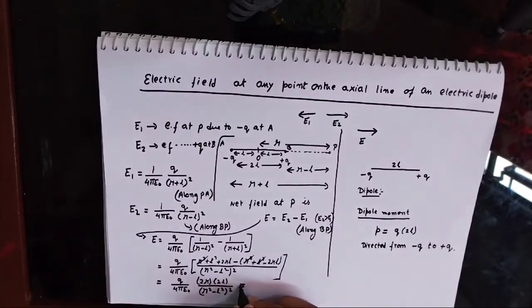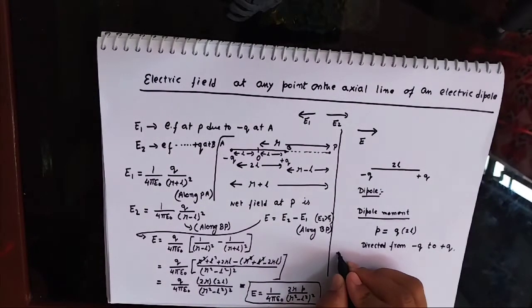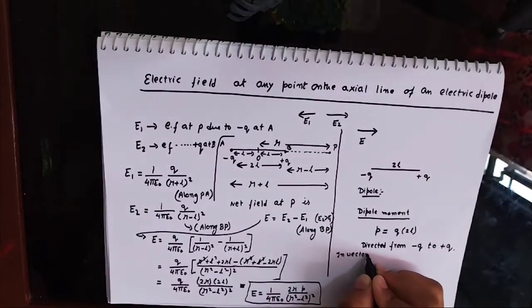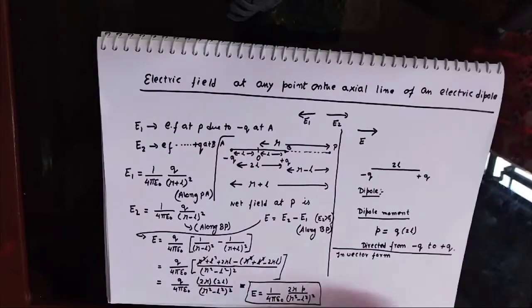So this is equivalent. So E is equivalent to 1 by 4 pi epsilon naught, instead of Q into 2L, I can put P. So that is P. Then here, I can write (R square minus L square) whole square. So this is the magnitude of the electric field at a point P on the axial line. So in vector form, what is the electric field in vector form?